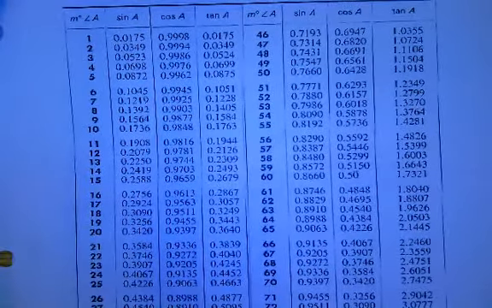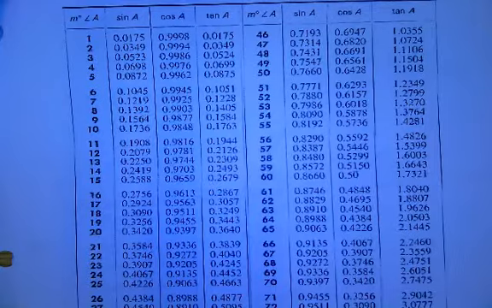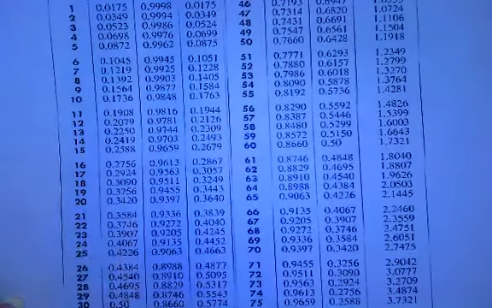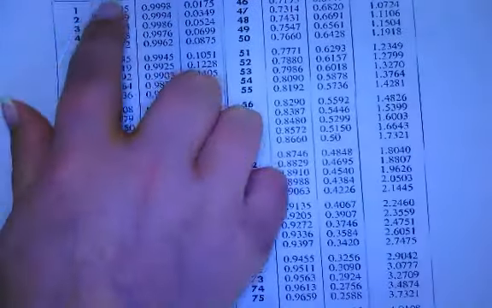Okay, why are they only 1 through 90? They have to be acute angles, okay? That's why 90 is undefined. So the bold numbers are always the reference angles, and then you just go to the appropriate category.